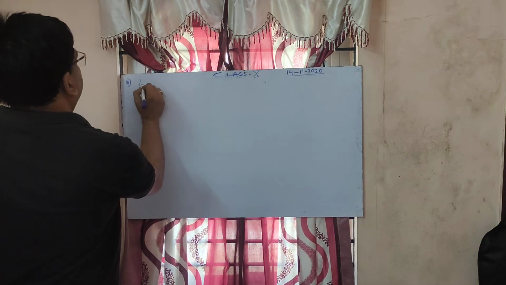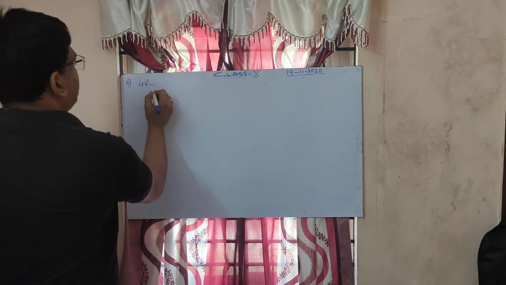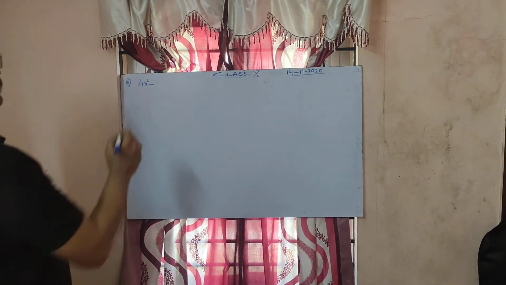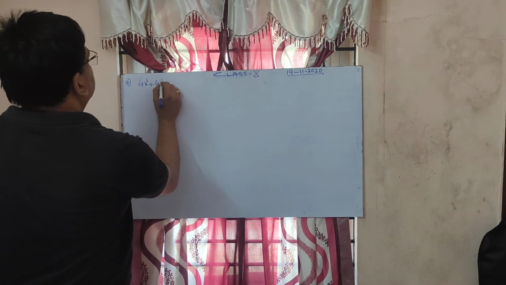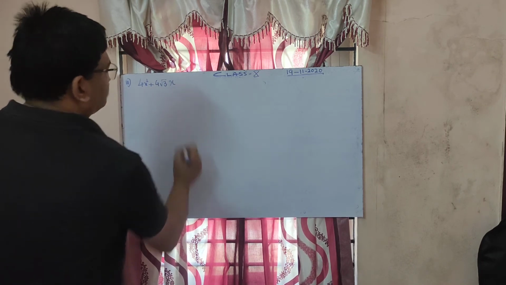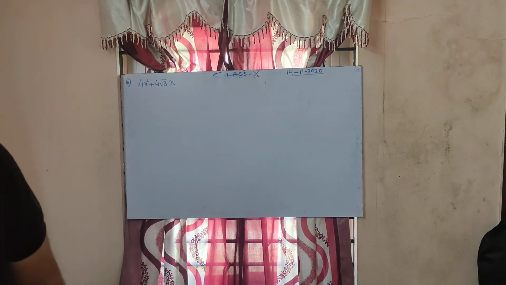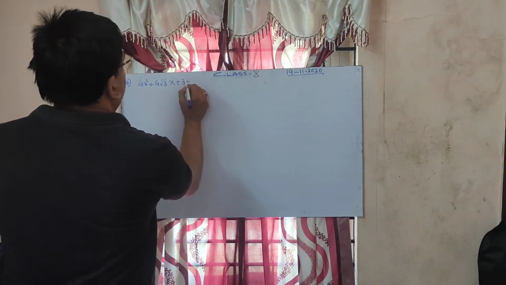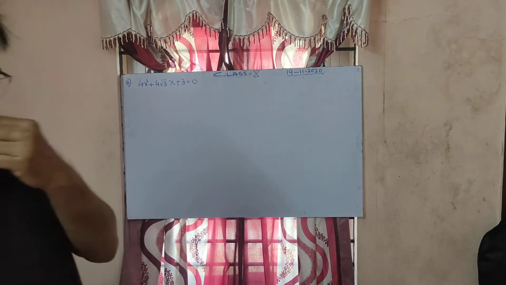So, what is the third example? 4x square plus 4 root 3x plus 3 is equal to 0.